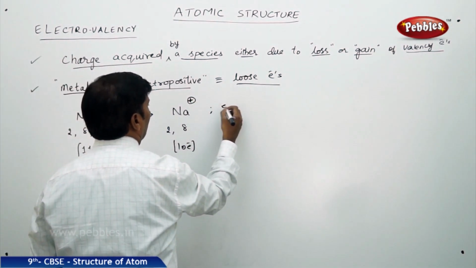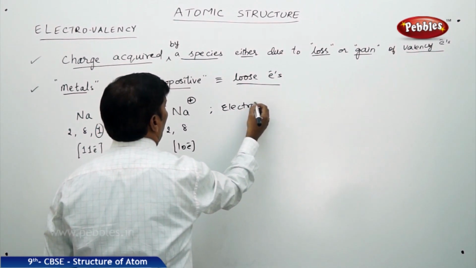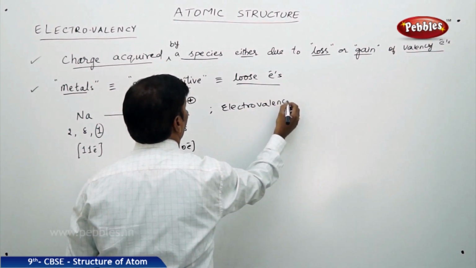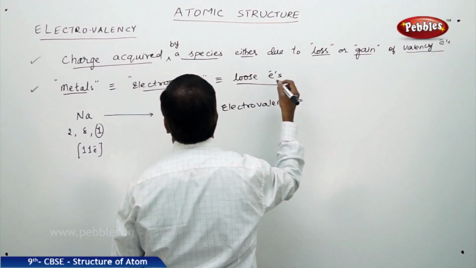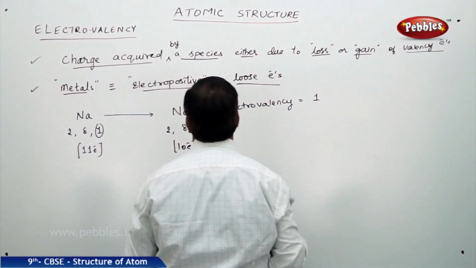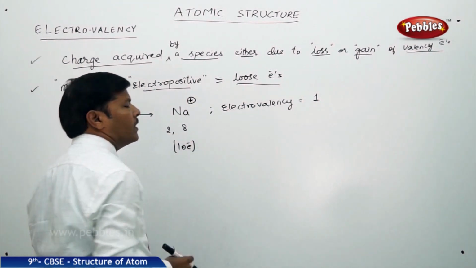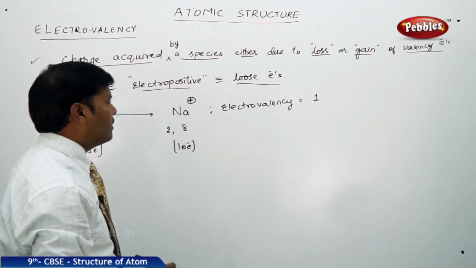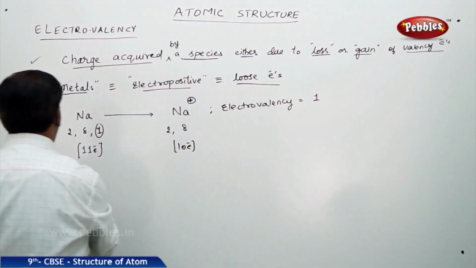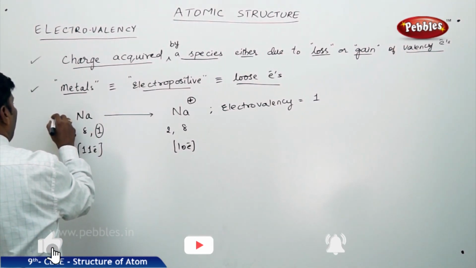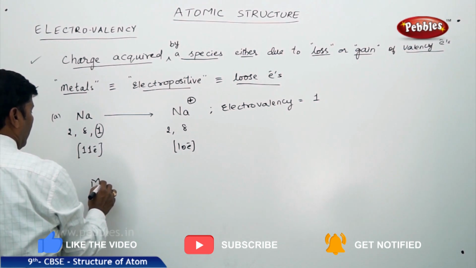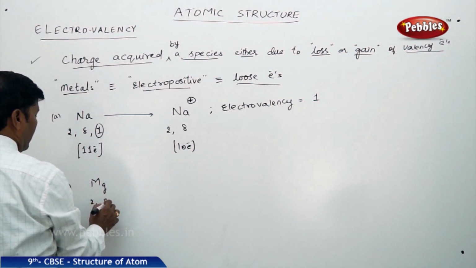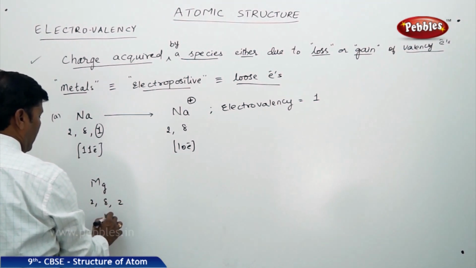Actually the electrovalency is 1, because we are saying valency, we need to take only the magnitude of the charge, not the sign convention. Likewise you take magnesium. It contains 2, 8, 2, a total of 12 electrons.